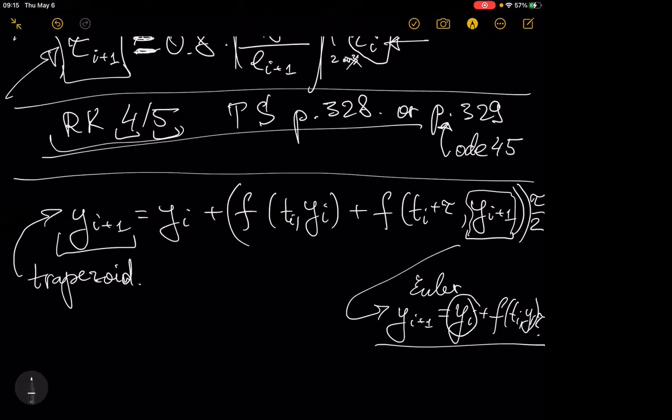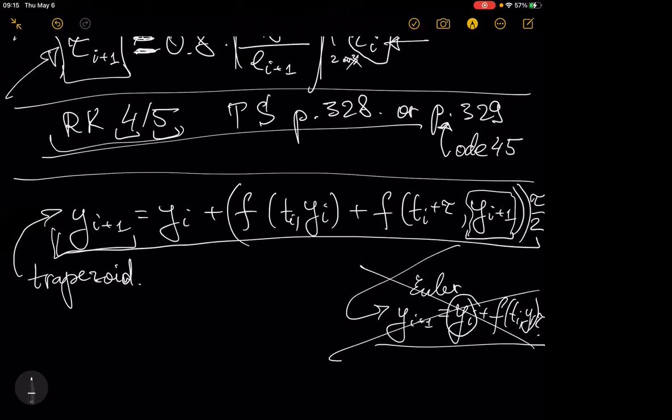But what you can do is say, okay, I don't want to do it like that, but I will consider this as a nonlinear equation for y_{i+1}, which I can solve using, for example, fixed point iterations, right? So you can use your previous approximation here and hope to get better.